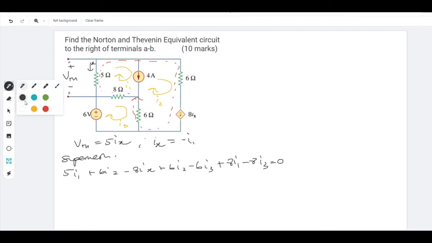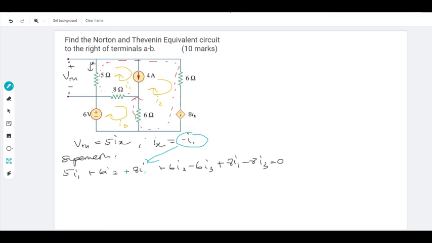So substitute this into this. Okay, I know you cannot do this, but I can. So I'm just gonna do minus minus positive, Ix equals to I1. There you have it.